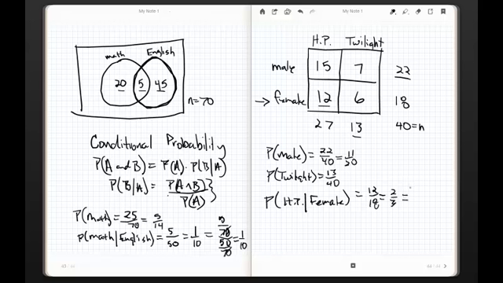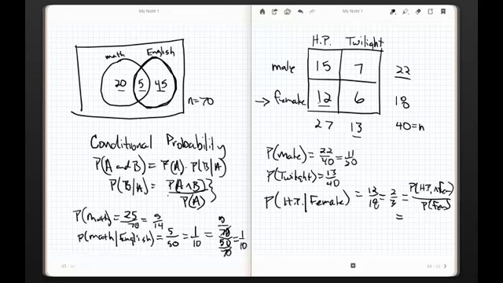Now, let's use the formula. I'm actually going to write this out. This is going to be the probability of Harry Potter and female, divided by the probability of female. And watch how the numbers work out. Again, we'll do this one more time. The probability of Harry Potter and female, let's look.